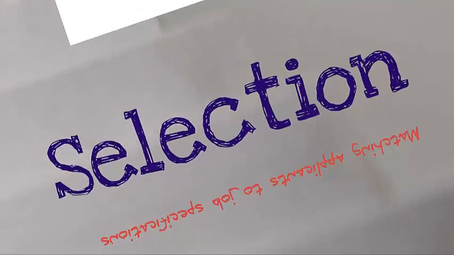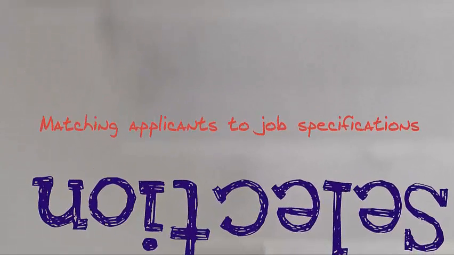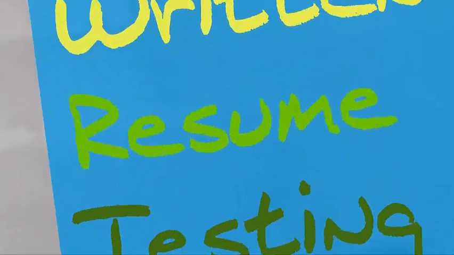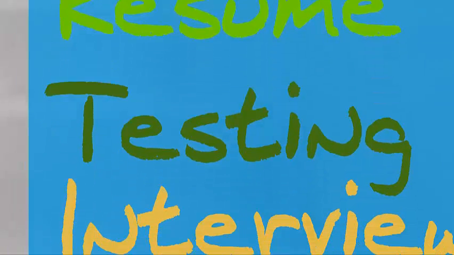The selection process is really about matching applicants to the job specifications. So in the first instance we look at the resume, and you guys would have produced one of those, and it's a very important document, and it's a living document, right? Every year, if you're still wanting to go up along your career path, you should update your resume.